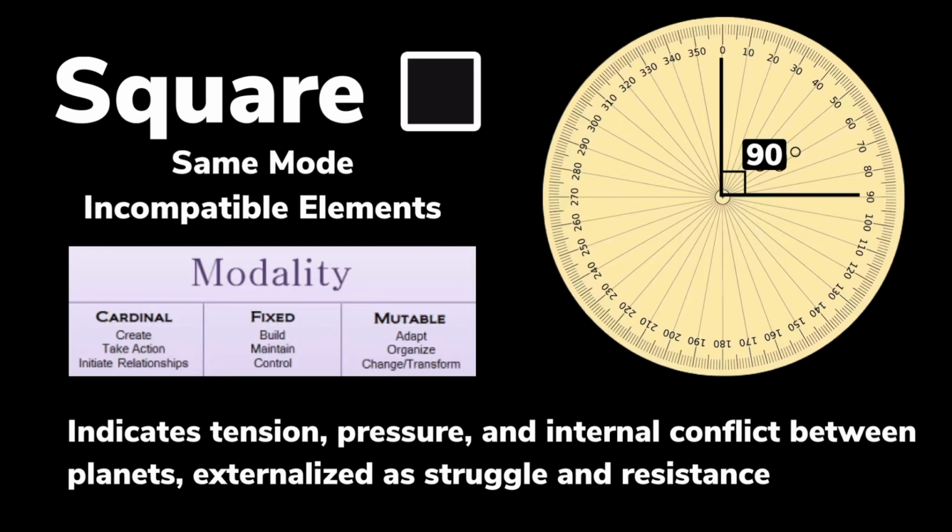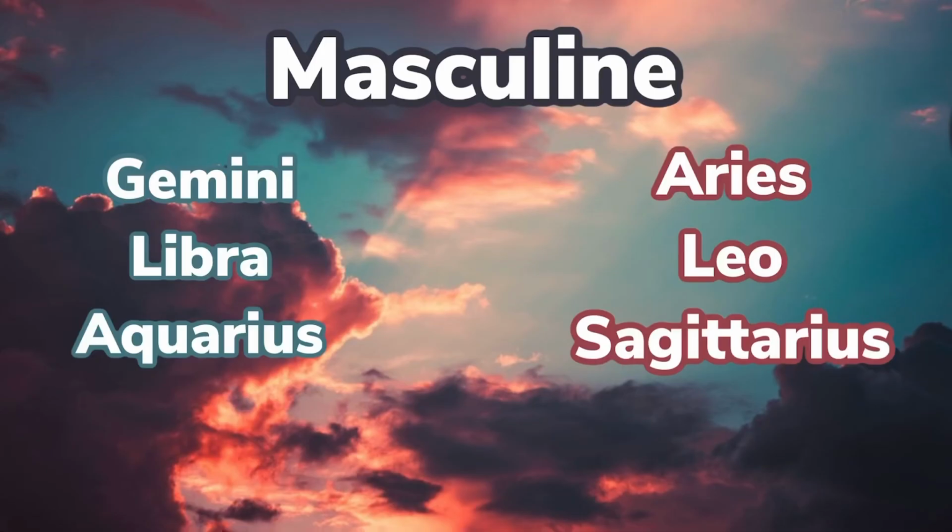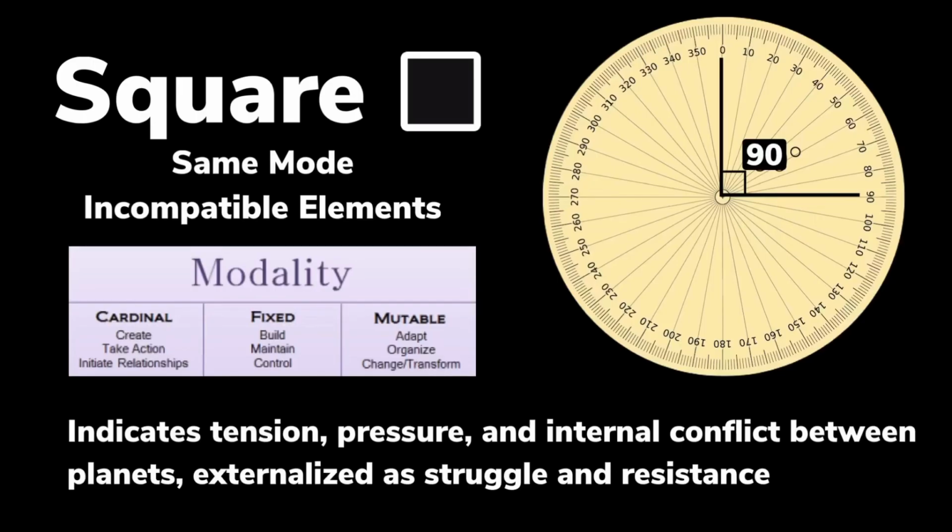Earth and water get along a little more easily, and fire and air are very similar, because fire and air are masculine and water and earth are feminine. Square happens when they're of different genders, but they could be of the same mode.